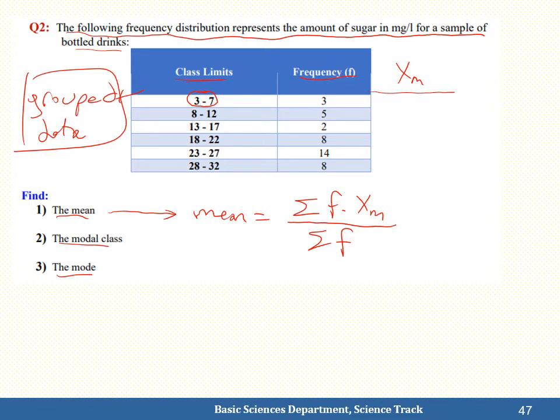It will be 3 plus 7 divided by 2, which is 5. So the midpoint will be 5. In the same way you can do it for the others: 10, 15, 20, 25 and 30.